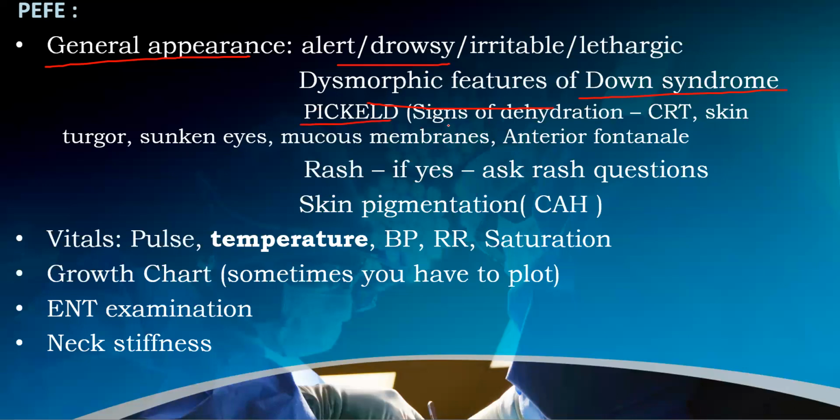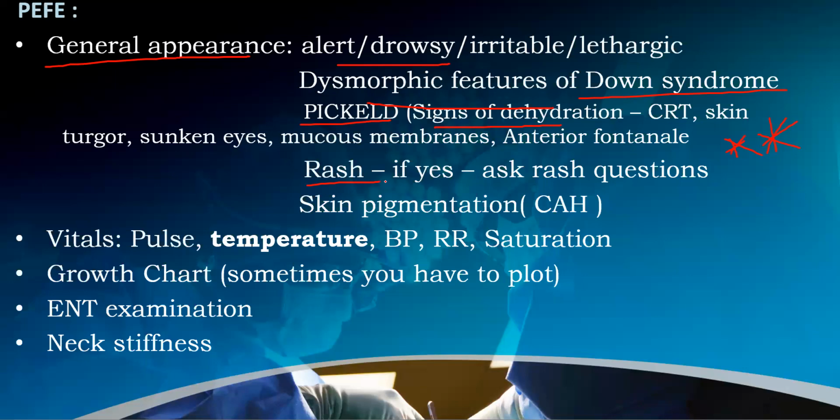You can ask about pallor and icterus, which are not very important in this case, but the sign of dehydration you cannot miss because it will be a key step. Make sure you don't forget asking about dehydration. For a child having vomiting, it's very important to know whether the child is dehydrated or not.